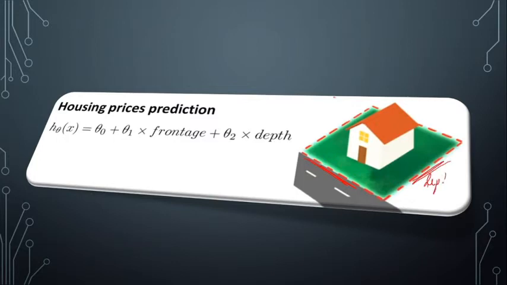So this is a multivariate equation right now, and we can solve it as a multivariable equation, but we can also say that frontage times depth is going to be the size of our house, and we can solve this with the help of one variable only.